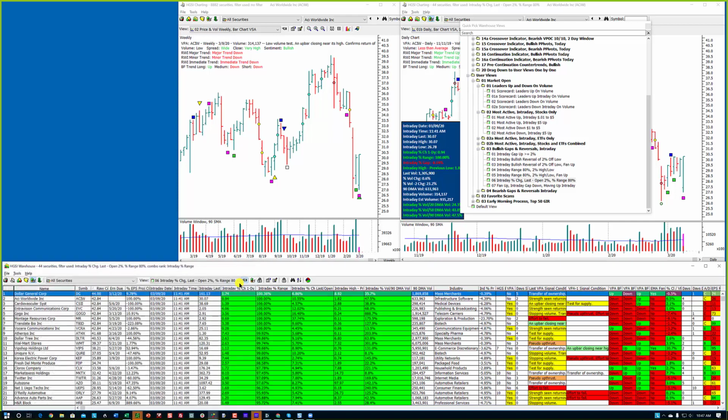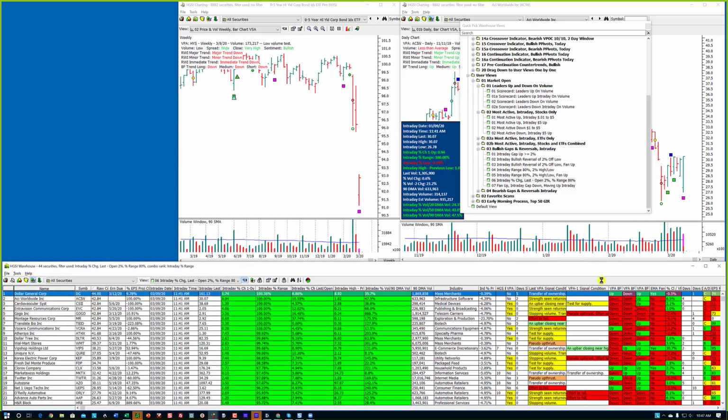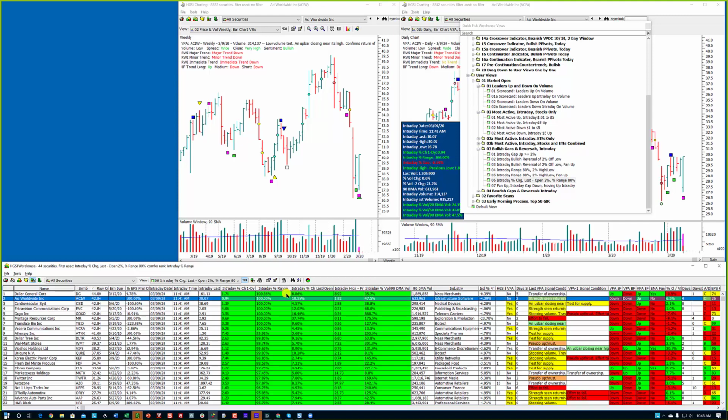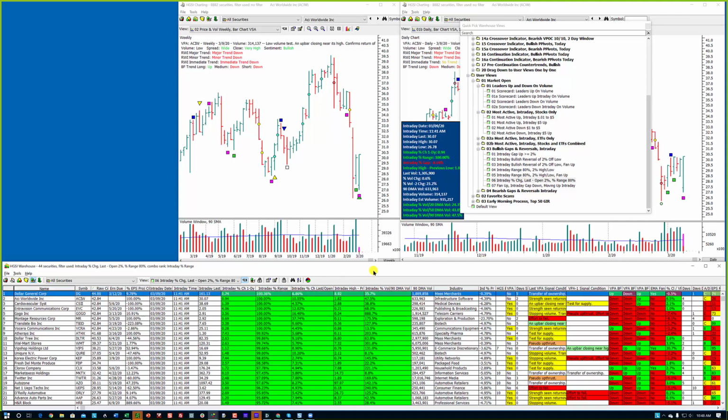Anyway, so it's a relatively simple filter, but the point is that Matt put these intraday fields in whenever we got intraday on thinkorswim, and if you just start thinking about what they do, then it's pretty easy to design filters that will pull these stocks up.